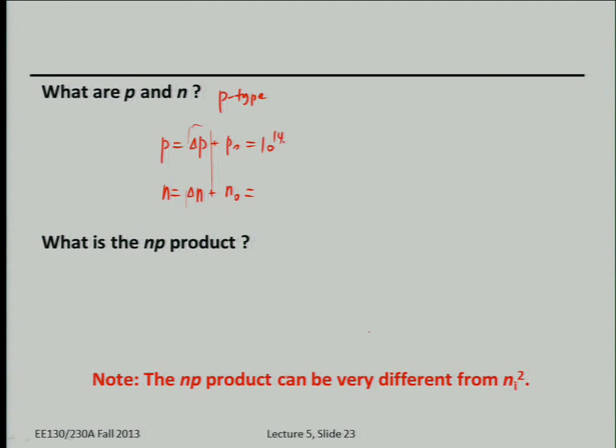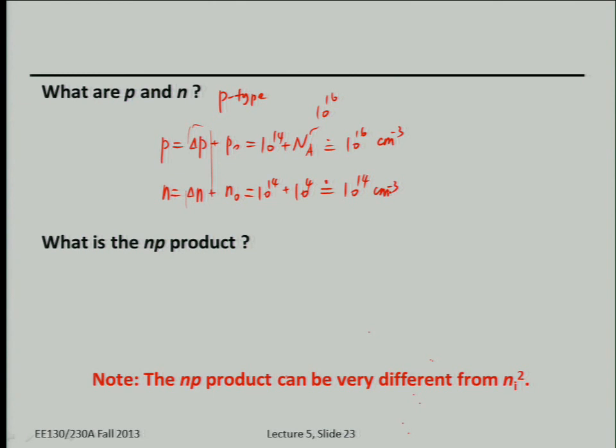For holes, that's our doping concentration in the p-type semiconductor, which is kind of huge, like 10 to the 16th for this problem. So this roughly gives us a value of 10 to the 16th per cubic centimeter for the net hole concentration, okay? For electrons, the first term also gives us 10 to the 14th. The second term gives us actually 10 to the 4th, if you look into the last slide, which is negligible compared to 10 to the 14th per cubic centimeter, okay?